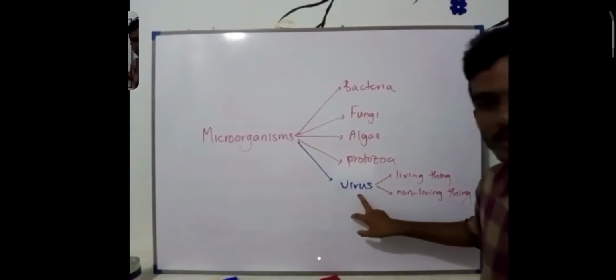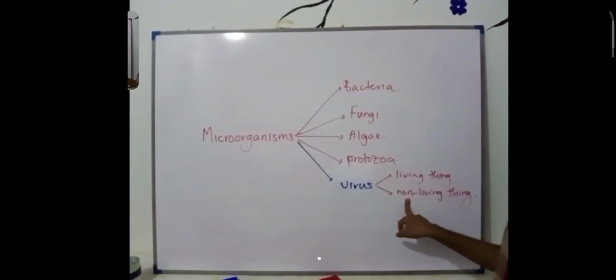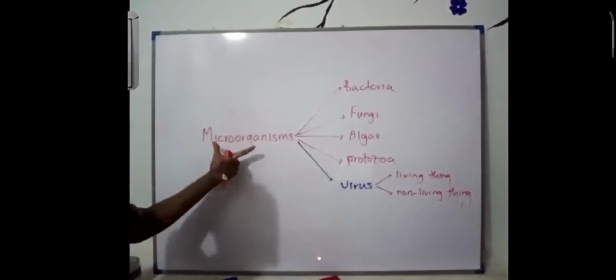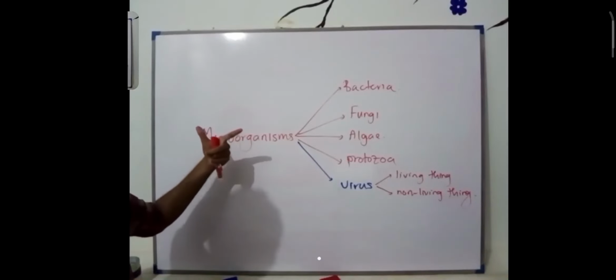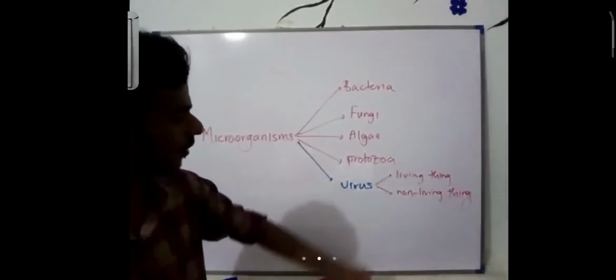So virus share features of living things and non-living things. So we might include virus under microorganisms, but you have to remember virus share the properties or the characteristics of non-living things.